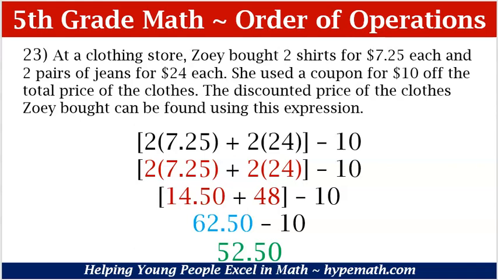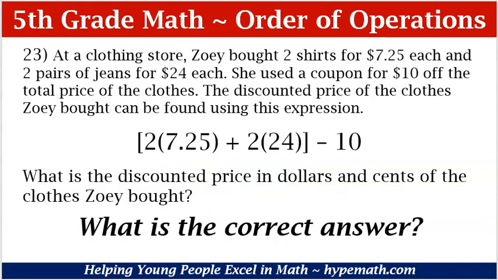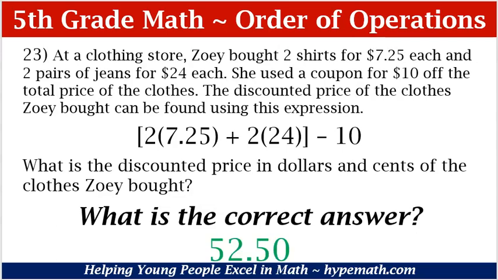However, Zoe has a $10 coupon, so we are going to subtract that $10 from her price. $62.50 minus 10 is equal to $52.50. So what is our correct answer? We said that it is $52.50.